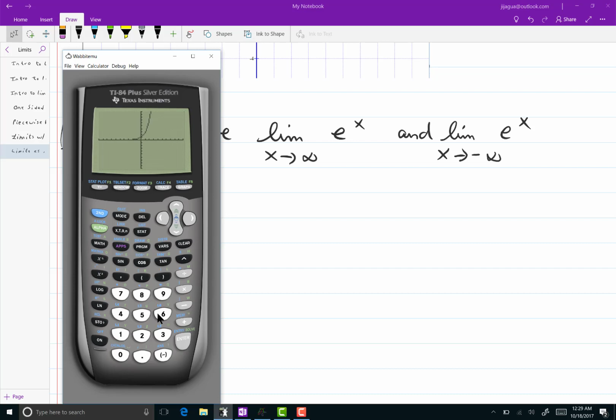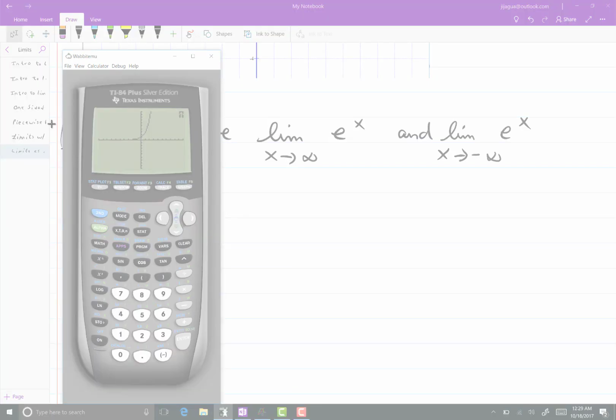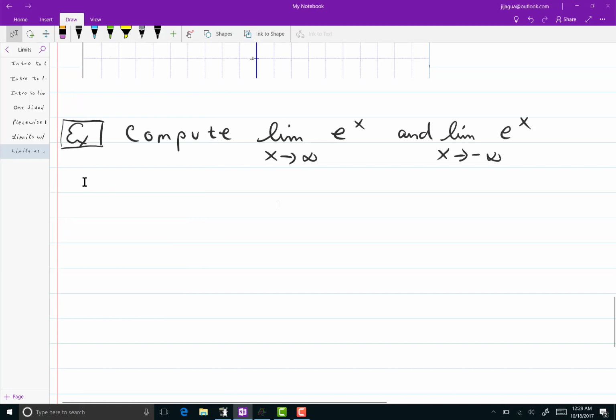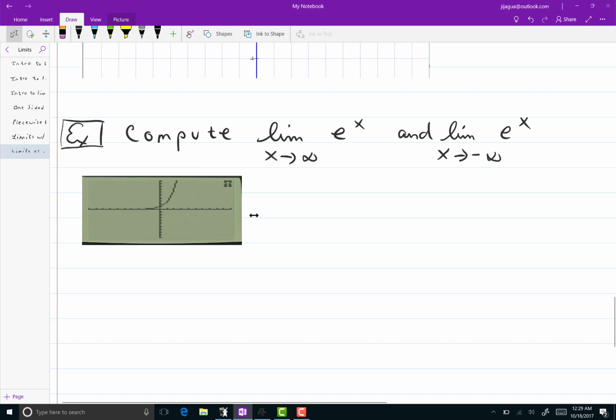Now you can see a graph that's steadily increasing throughout this screen. In fact, it's pretty clear this graph just shoots up very quickly, and it bears keeping in mind that exponential functions are going to grow faster than any other type of function we deal with for the most part.